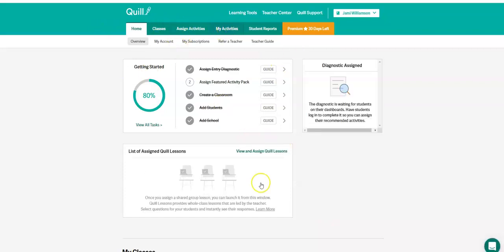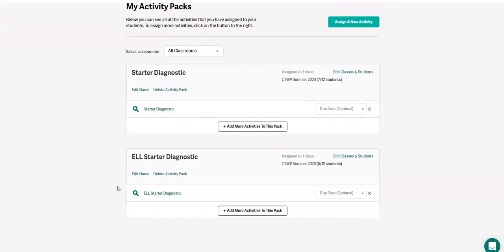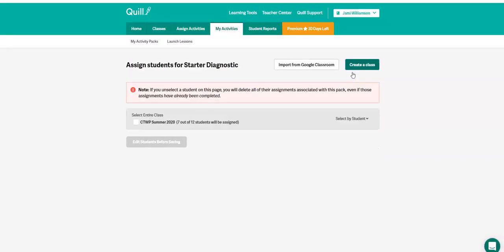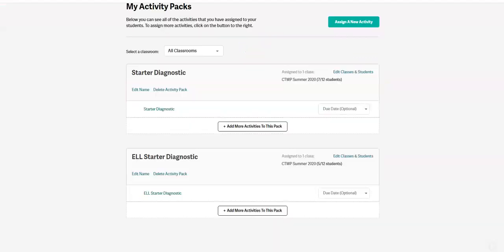So go to my activities, and I'm able to see here that within our class I assigned the starter diagnostic to 7 out of my 12 students, and I can click right here and see which students it has been assigned to. And then same thing with my ELL.